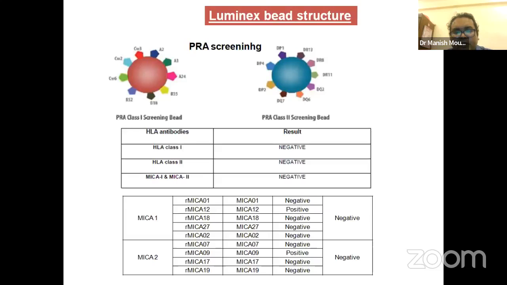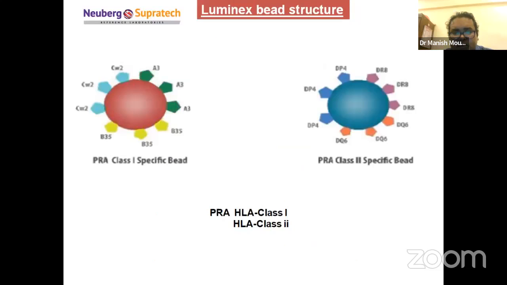In our PRA screening, we are giving MICA positive and negative also, because we are using a certain kit which can give HLA class 1, class 2, and MICA understanding also. In screening, the cost is also very efficient, less than 5,000-6,000 or so. So this is how.